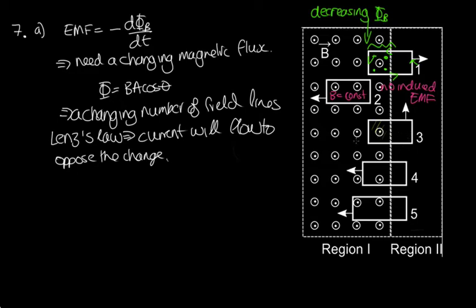So the area inside that magnetic field is not changing, so no EMF and no current. Okay, loop 4. It's getting more and more magnetic field lines flowing through it, because more and more of its area is moving into this magnetic field.